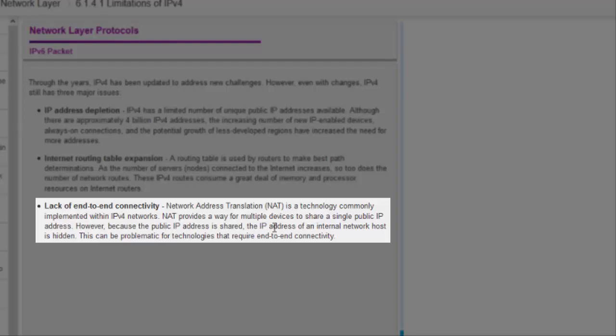That really creates some kind of hidden nodes from the internet. In other words, our local hosts inside our houses will become really hidden from any external node on the internet. So there is a complete isolation of end-to-end connectivity for the hosts that use network address translation.